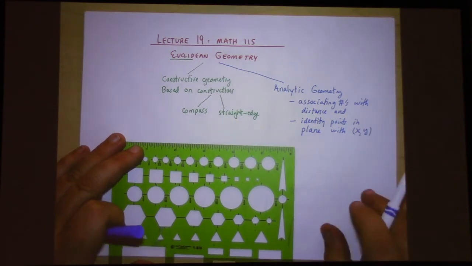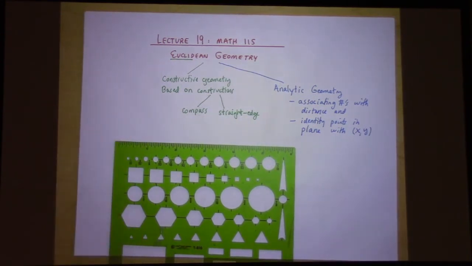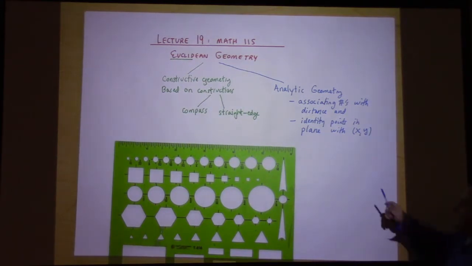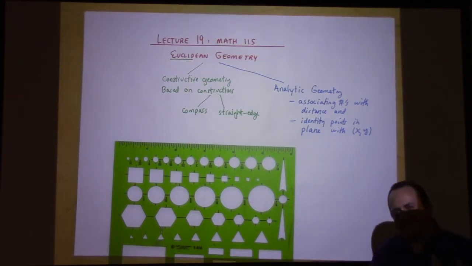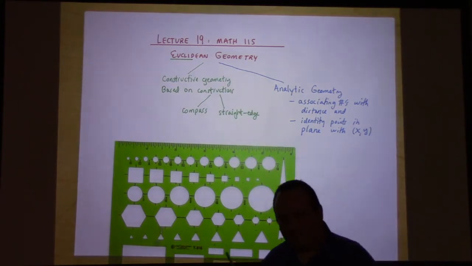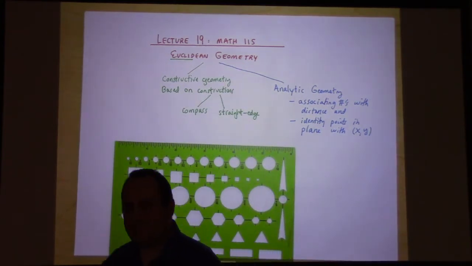Now, I don't think it's fair to say Euclid did so much. In fact, I think it's probably wrong to say Euclid did the second thing. But he was kind of experimenting in that direction in some sense, all right?